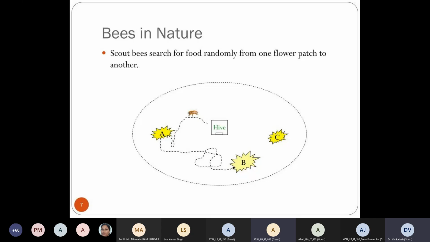This scout is a random bee which randomly goes around the hive, in the neighborhood of the hive, and it will keep on searching. Some food source will be associated randomly to this scout bee. So whenever a food source is associated with the scout bee, then that scout bee will be called an employed bee again. So you got the point here. As long as a food source is associated with an employed bee, it is called an employed bee only, right?